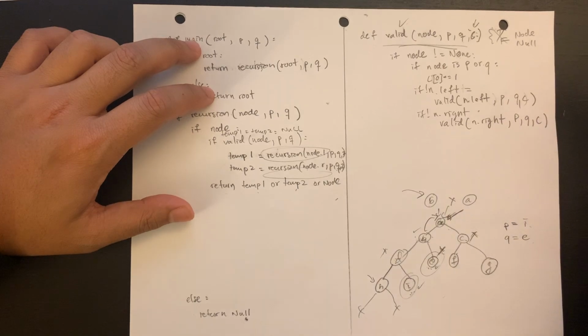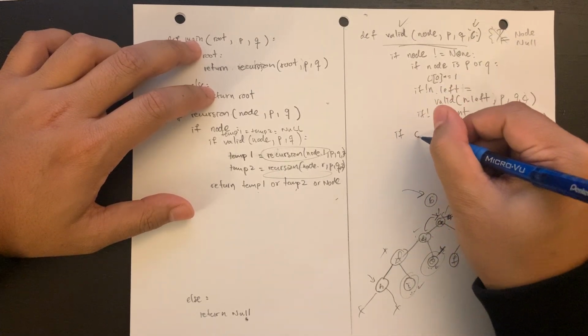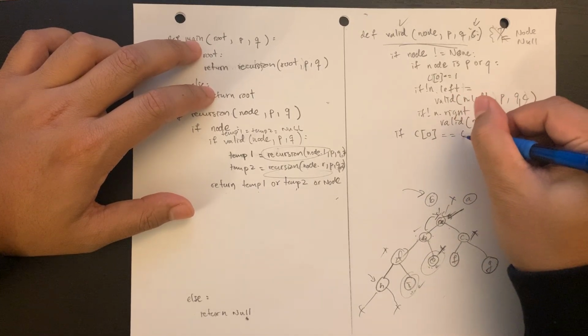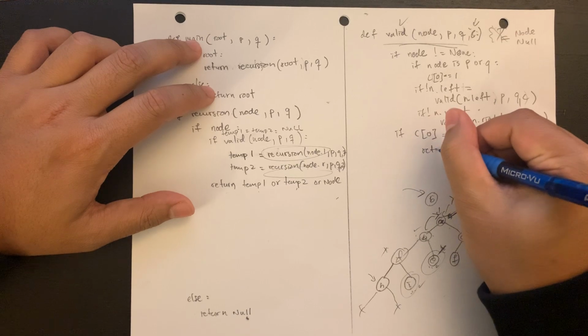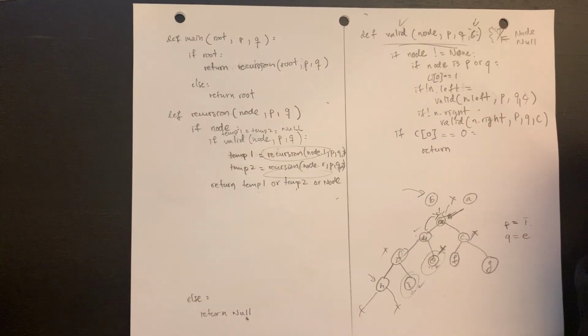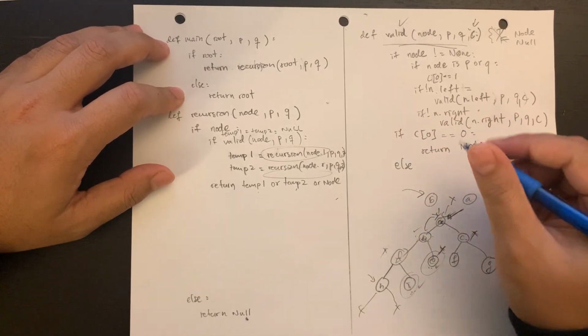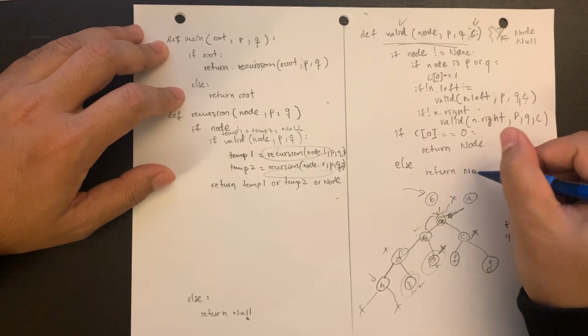So in the main function, we just need to check if C of 0 is equal to 0, return node, else return none.